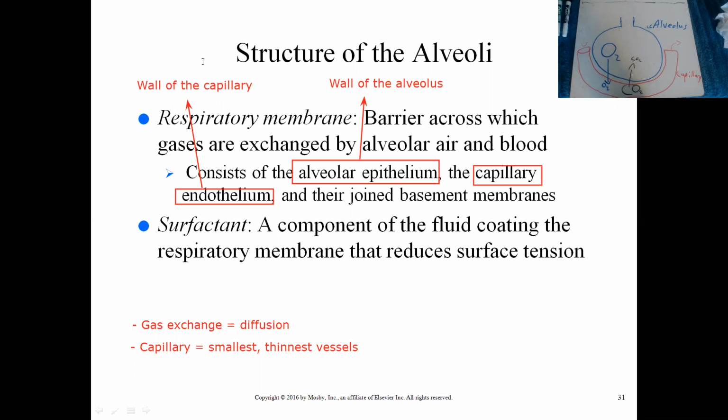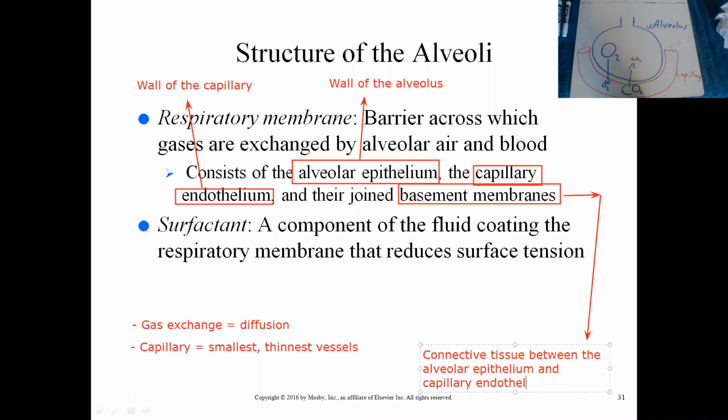If you don't remember what basement membrane means from AP1, basement membranes, that's the connective tissue between the alveolar epithelium and capillary endothelium in this case.